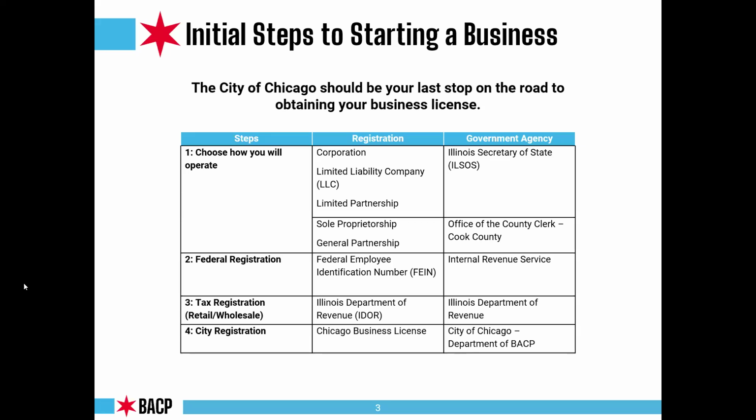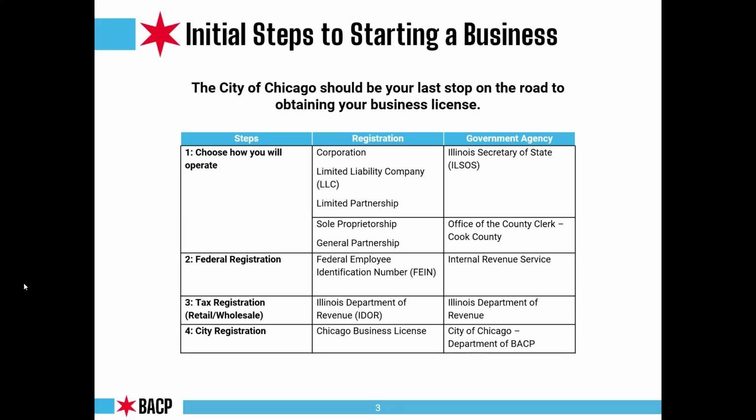In these cases, if you are registering as a legal entity, you're going to go through the Illinois Secretary of State. If you are going to operate as a sole proprietor or in a general partnership, then you are going to register your DBA, or your doing business as name, with the office of the county clerk for Cook County.